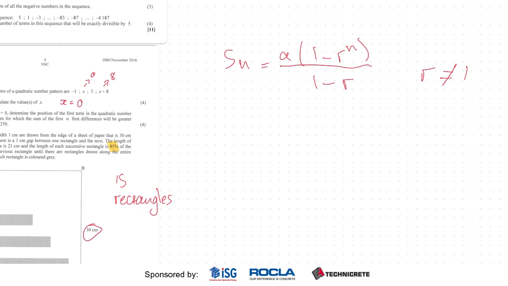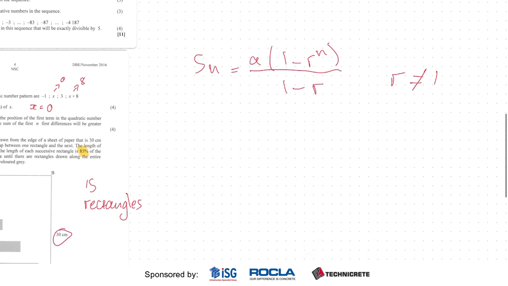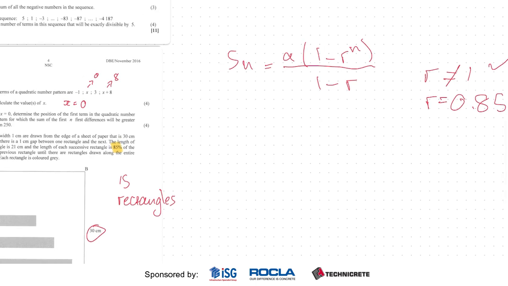This is fine because our r is 0.85. So we're going to figure this out for the first 15 terms. Our first term is 21, and then we have 1 minus 0.85 to the power of 15, all over 1 minus 0.85.